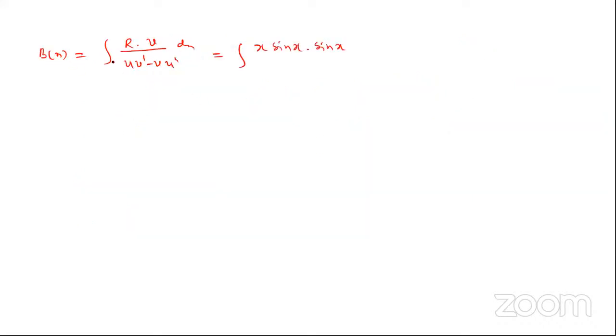Sorry, here b of x is r into u, not r into v: r into u divided by uv dash minus vu dash, into dx. So r value is x into sin x, and u value is given as already cos x, divided by uv dash minus vu dash, which is 1.